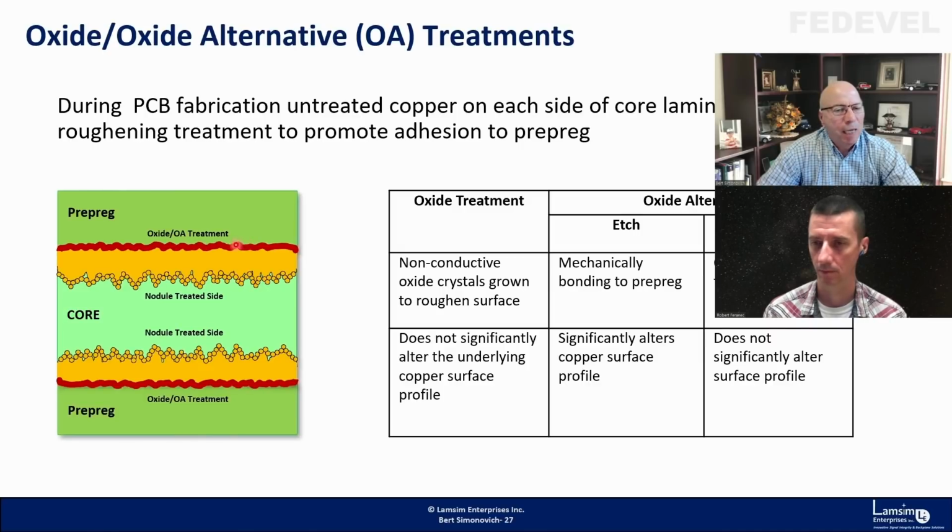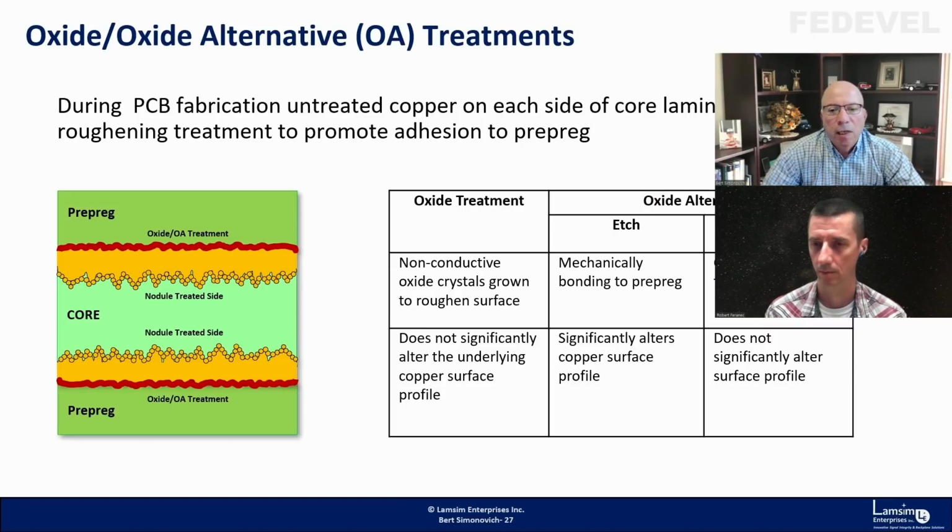It's kind of like making it rust, right? It doesn't significantly alter the copper surface profile because they're non-conductive, and they just grow the crystals on it, and that gives that roughening edge. But because they had issues, they now have what they call oxide alternatives.